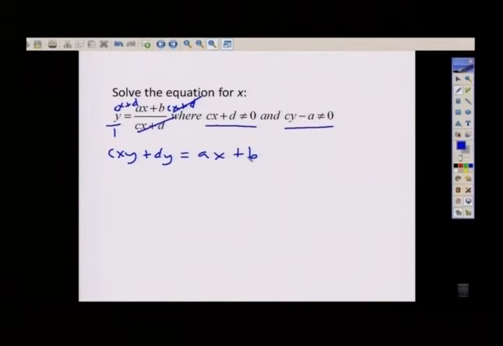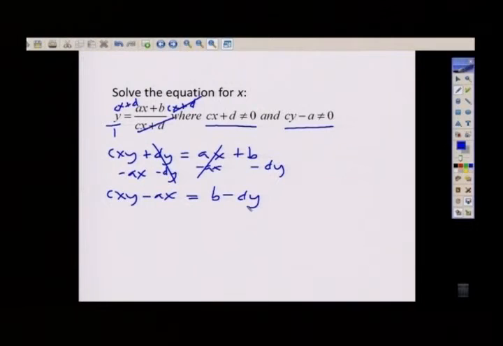So to solve for x, we need the x's to be on the same side of the equation, and any expression or term that does not have an x on the other side. So I want to get the ax over onto the right side with the cxy, and I'm going to move the dy onto the right-hand side. So on the left, I have cxy minus ax is equal to b minus dy.